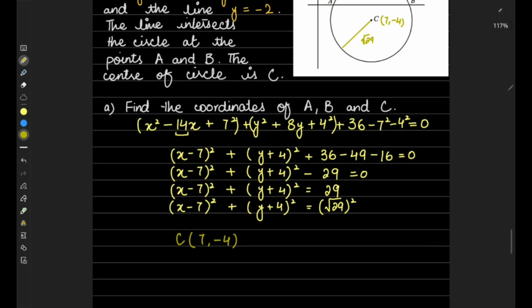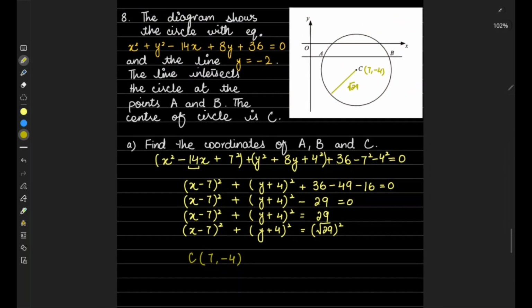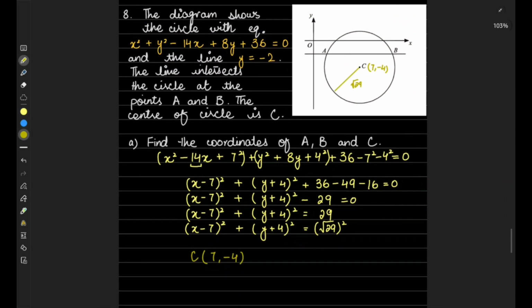Now, the second thing is we need to find the coordinates of A and B as well. We know that this equation is y equals minus 2. So the y coordinate of point A is also minus 2, and the y coordinate of point B is also minus 2.